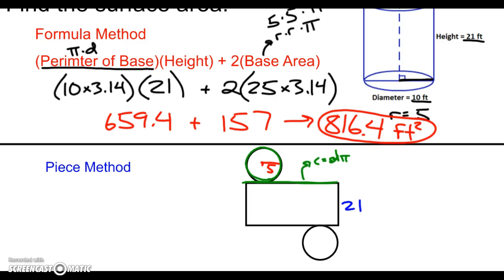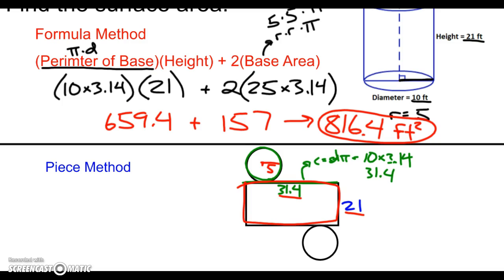So that's 10 times pi for us, which is 10 times 3.14, which is 31.4. So that's the length of that green segment right there, which means the area of this rectangle is going to be 31.4 times 21.